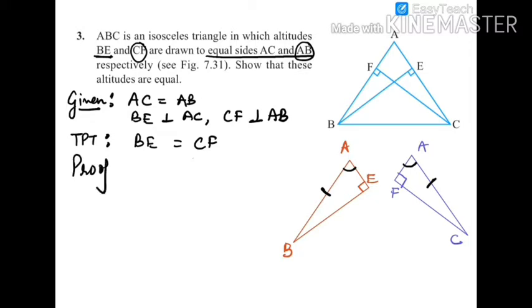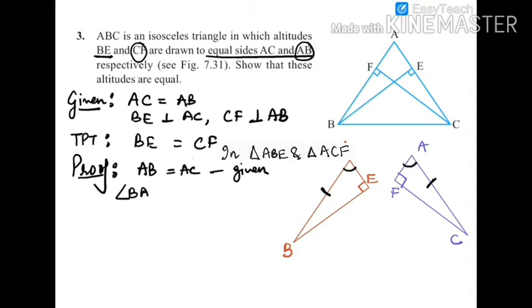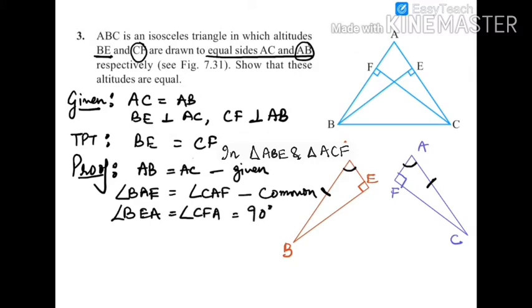Let's write down the steps of this proof. AB equal to AC, given. Angle BAE equal to angle CAF, common. Angle BEA equal to angle CFA, each is 90 degrees. So this implies triangle ABE is congruent to triangle ACF.